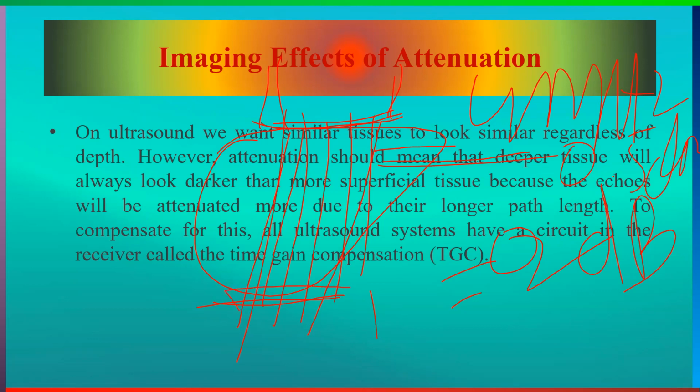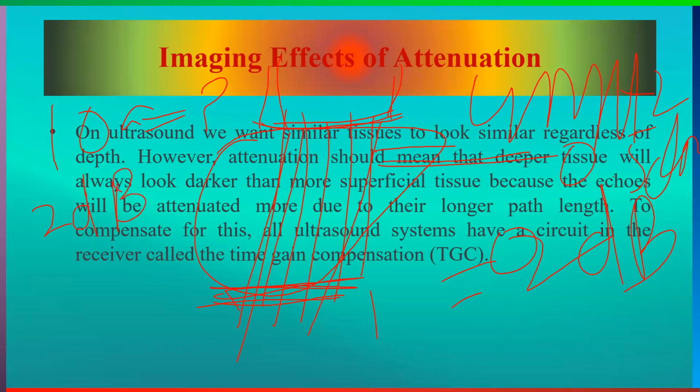But just assume that the sound waves are traveling a distance of 10 centimeters, just for simplicity of calculation, in the soft tissue, or you can say in the liver, and you are using 4 megahertz frequency. How much attenuation will there be at a distance of 10 centimeters? At 4 megahertz frequency, the attenuation coefficient will be 2 decibel, right?